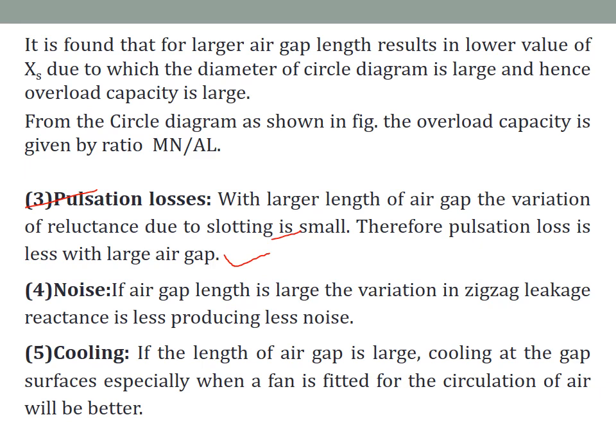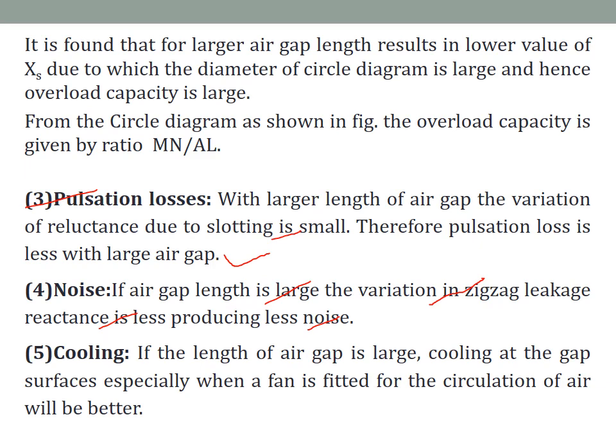Now coming to noise. If the air gap length is large, the variation of zigzag reactance is less, producing less noise. You might hear some humming sound when the motor runs. That is because of the variation of zigzag leakage reactance.